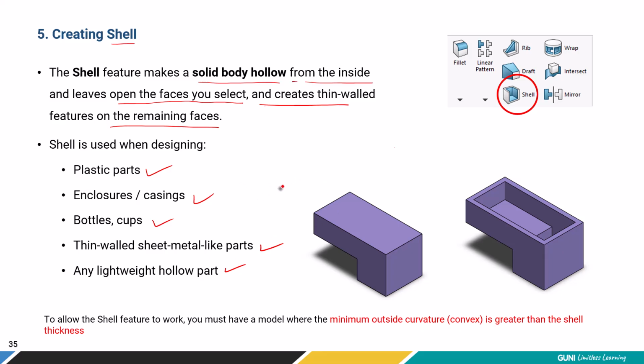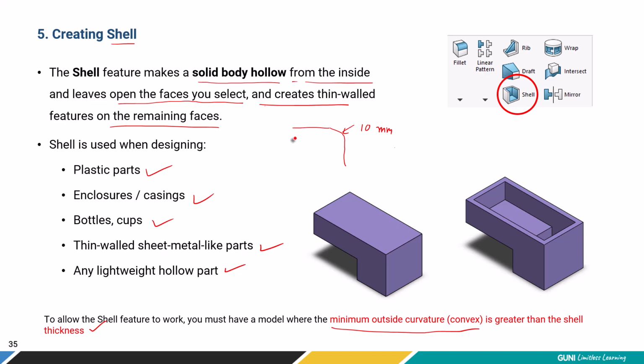Now remember, to work a shell feature, the minimum outside radius or curvature must be greater than the wall thickness provided in the shell feature. What does it mean? Let's say I have this kind of a surface. Now this radius is 10 millimeter.